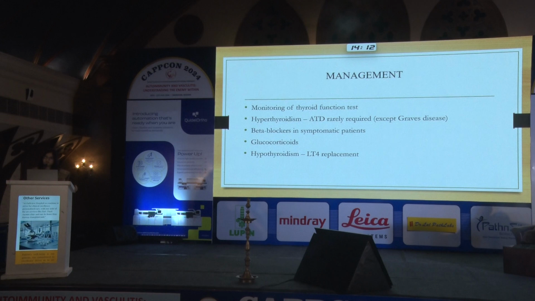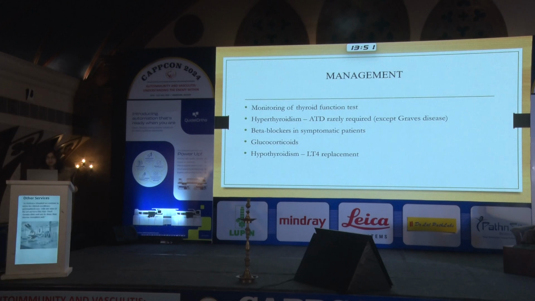That is, we get referrals where the TSH is slightly raised, maybe on the higher side, say 8 or 9, and the free T4 is normal. In this background, we keep the patient under close follow-up, or if the patient has an associated goiter, or the TPO antibodies are positive, or there are some symptoms, we might start a low-dose levothyroxine treatment.